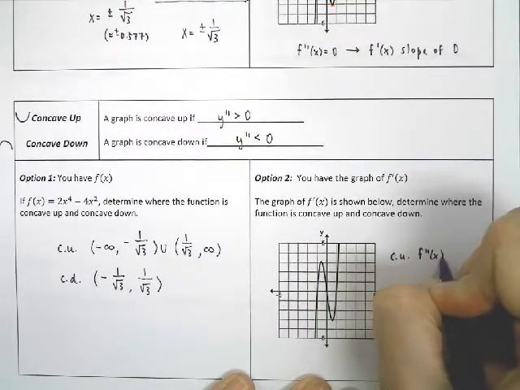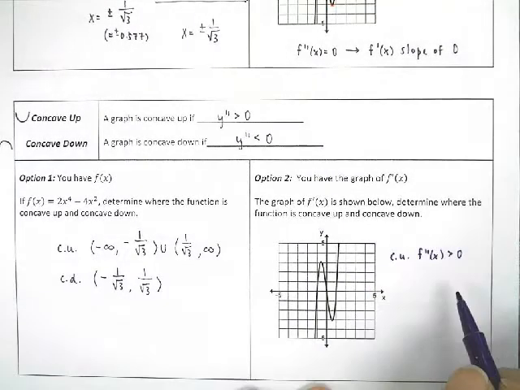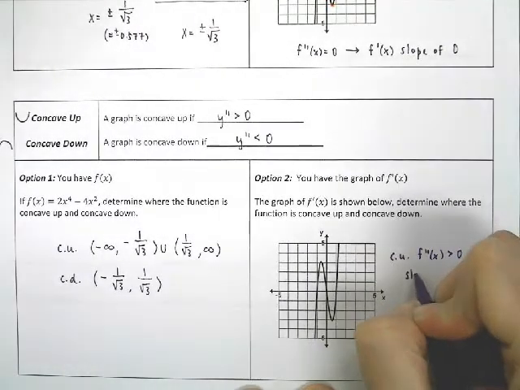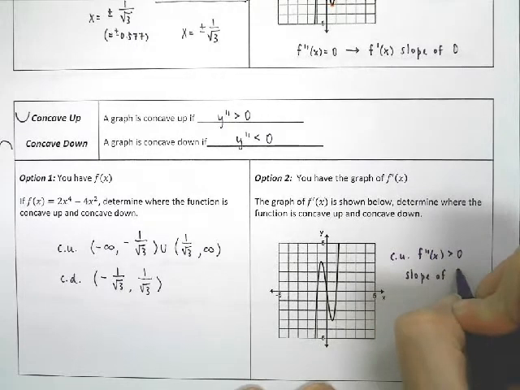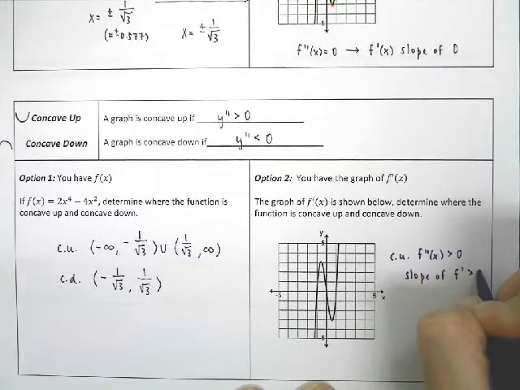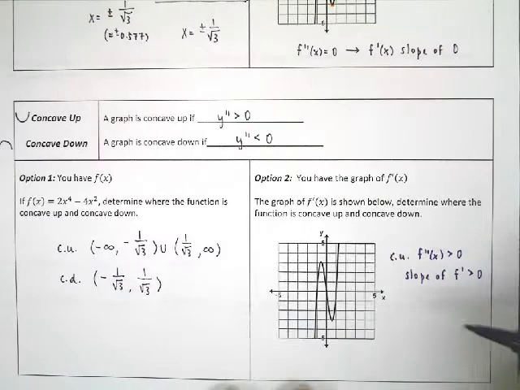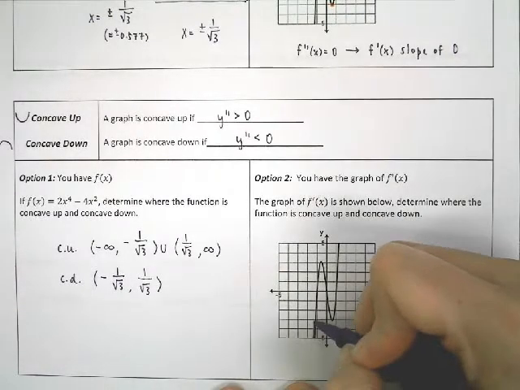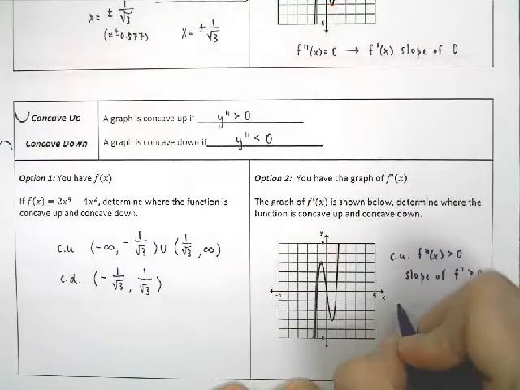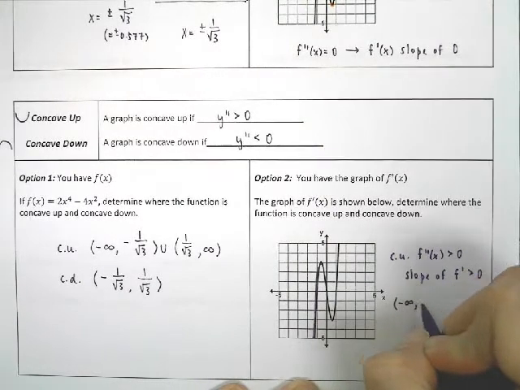So my slope of f prime is positive over this interval, which we know corresponds to negative infinity to negative 1 over root 3. And I also have a positive slope here from 1 over root 3 to infinity.